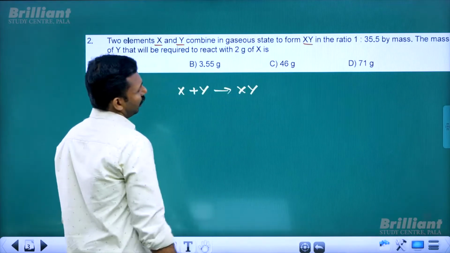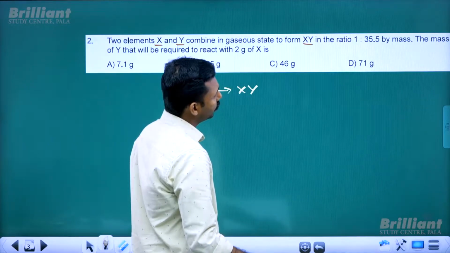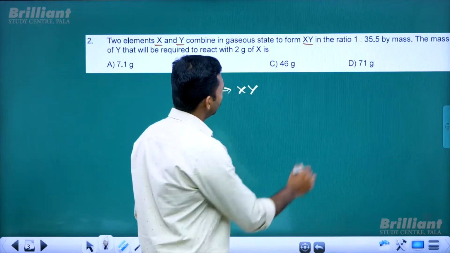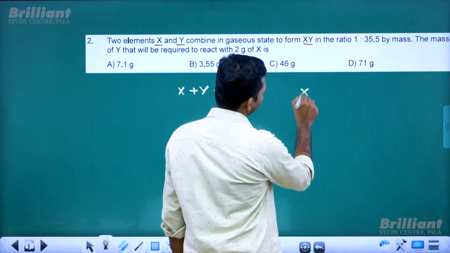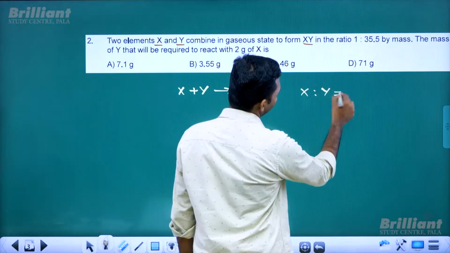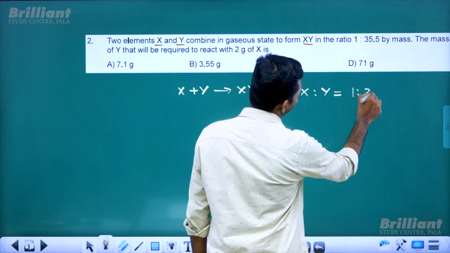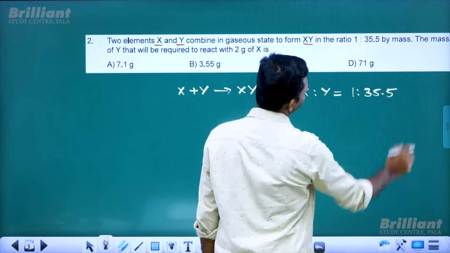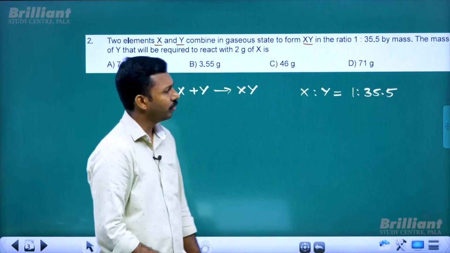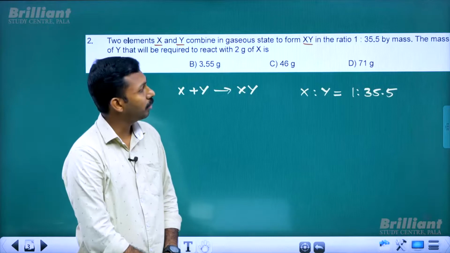In the ratio 1:35.5 by mass. That means mass of X is to mass of Y is equal to 1:35.5. This is the ratio of their masses.